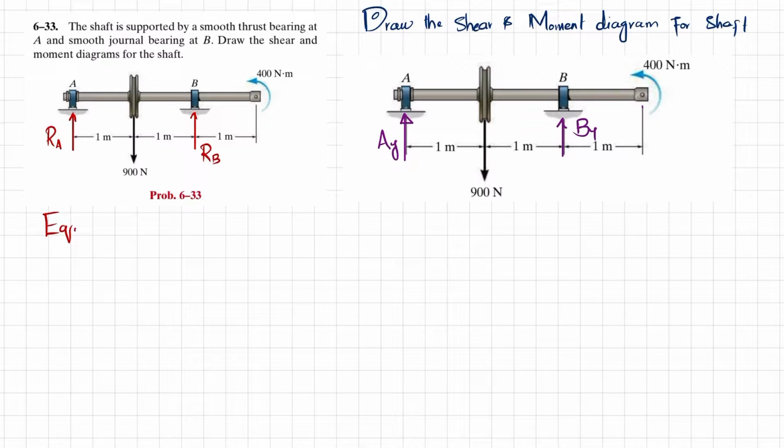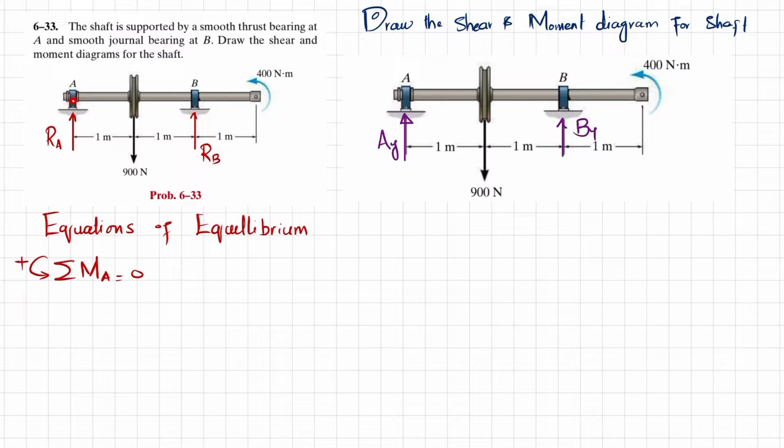So what are the equations of equilibrium? I will write it. The first equation is the sum of all moments about point A is equal to 0, taking the counterclockwise moment as positive.